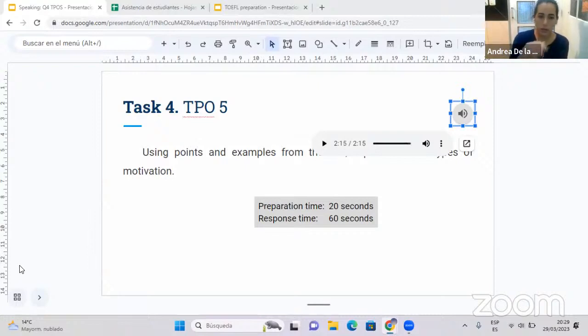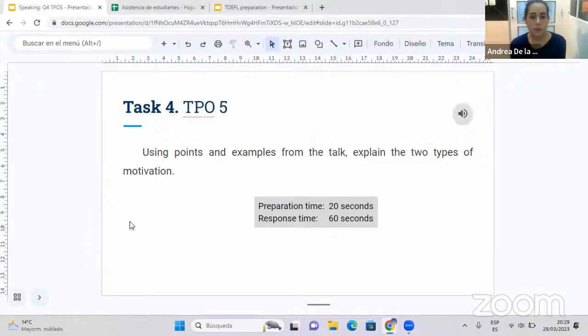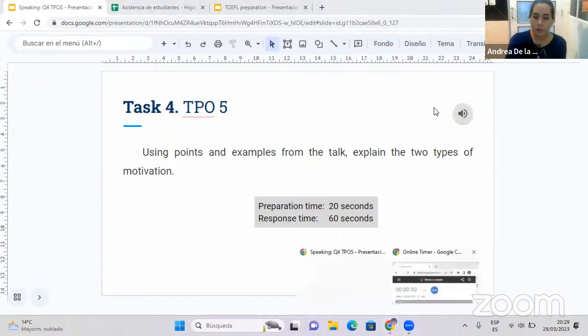Okay. Now the question says, using points and examples from the talk, explain the two types of motivation. Okay. You will now have 20 seconds to prepare your responses.